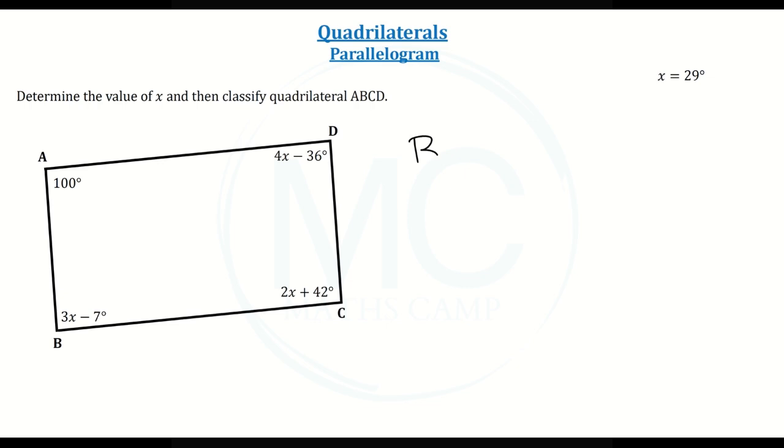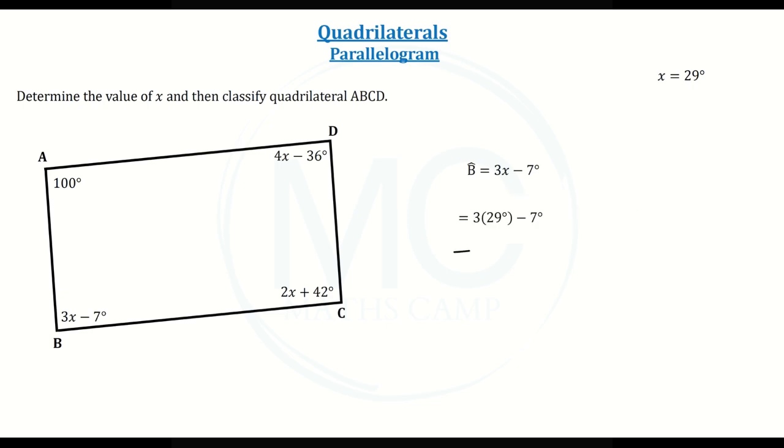So we can say angle B is equal to 3x minus 7 degrees. X is 29 degrees, so we can say 3 multiplied by 29 degrees minus 7 degrees.